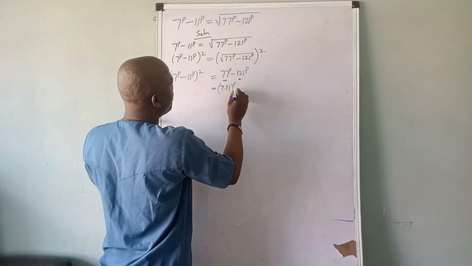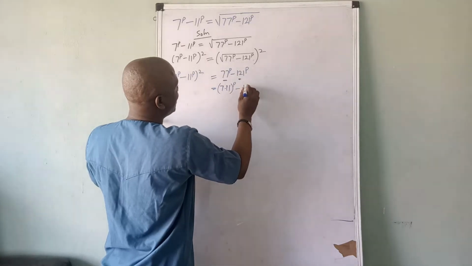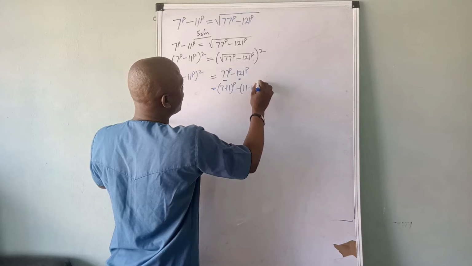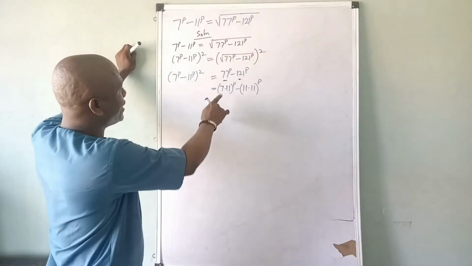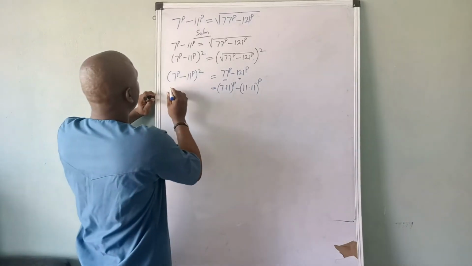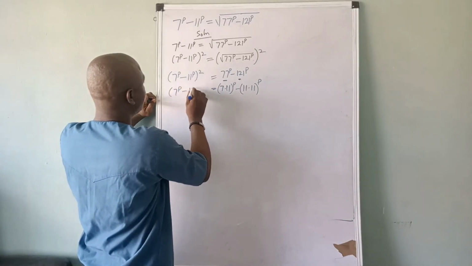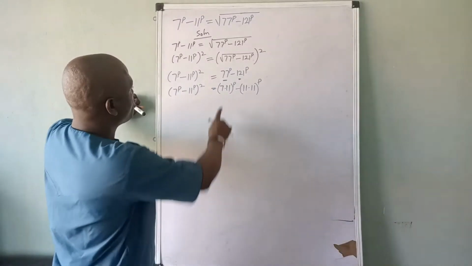Or raised to the power p, minus 11 times 11 is the same as 121, all raised to the power p. So with this, you can still have the left-hand side of the equation as the same, all squared.